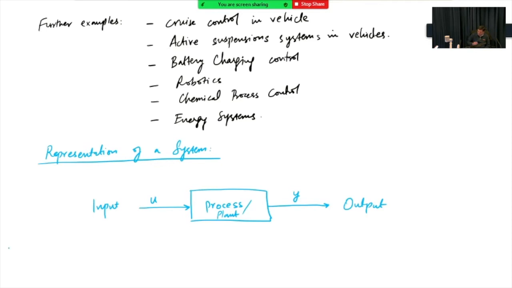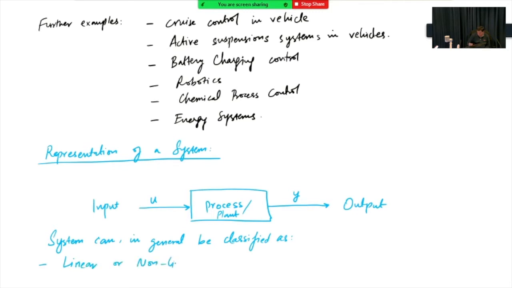Okay, so when we say systems, this is the general outlook, but it can have different types of properties and different classifications. So I will just quickly write down what the general classifications are. So systems can, in general, be classified as either linear or non-linear.